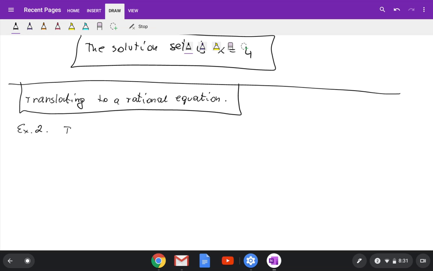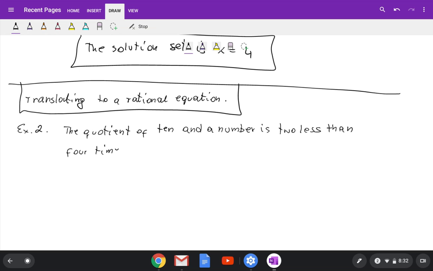The quotient of 10 and a number is 2 less than 4 times the reciprocal of the number.